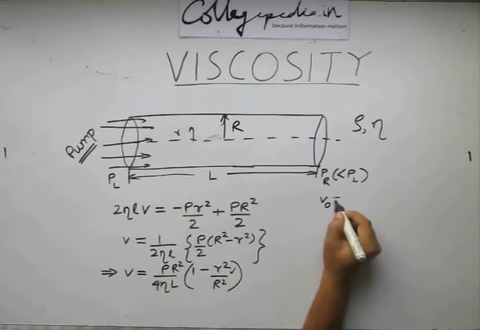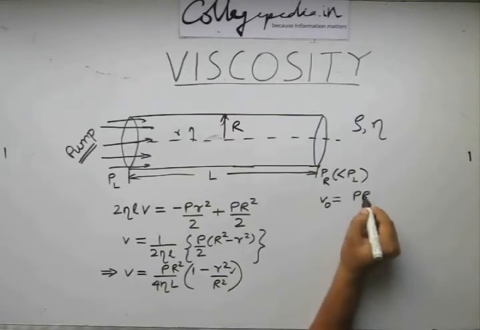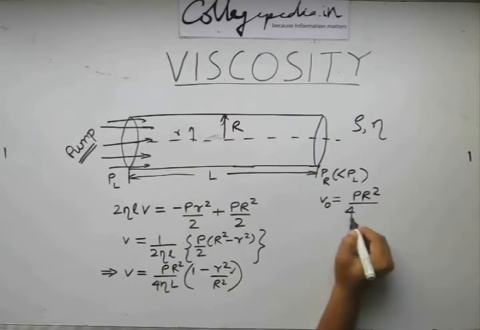This gives us V naught equal to P R square by 4 eta L.